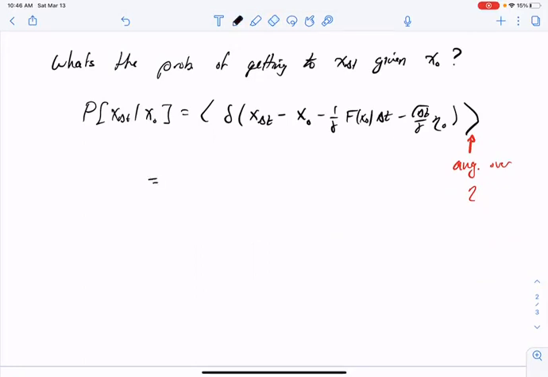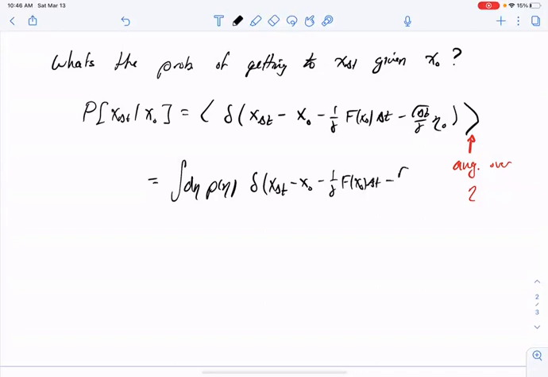So the probability of making that transition is the probability I drew the eta that I need. It's just an integral over that probability distribution with a delta function that enforces the correct eta, the correct random variable.